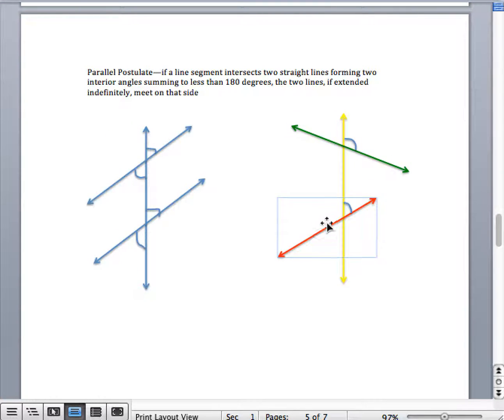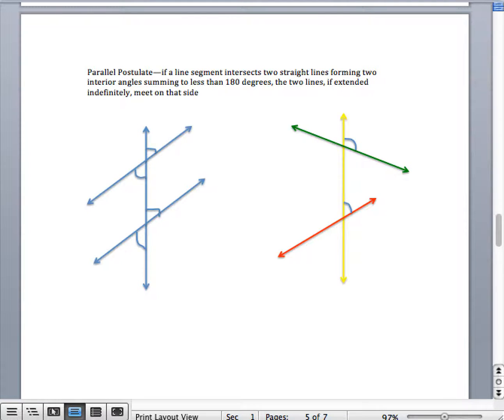So if this one is extended forever, and this one is extended forever, they're going to cross at some point because these two angles don't measure to be 180 degrees, because they're both less than 180. Does that make sense? I hope so. So these lines are parallel, these lines are not. Therefore, parallel postulate. Great. Fantastic.